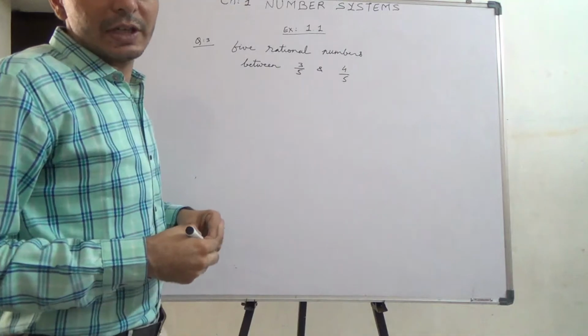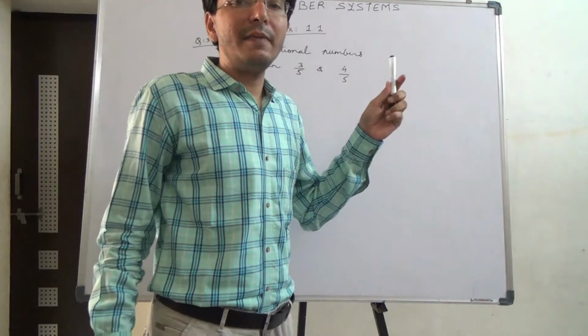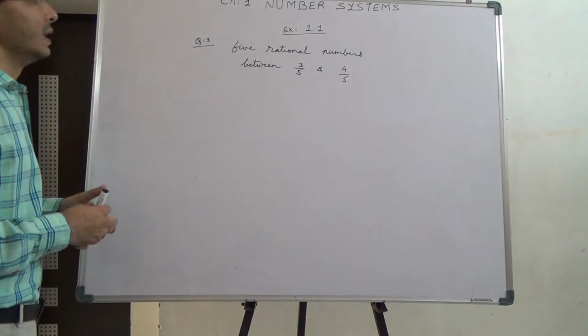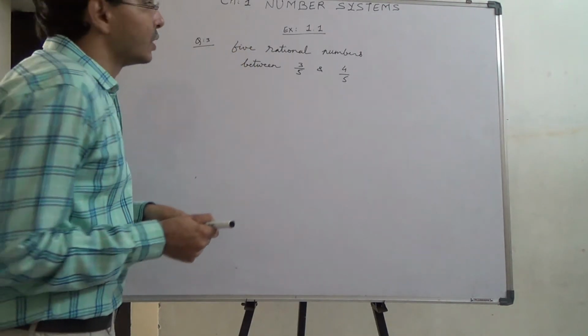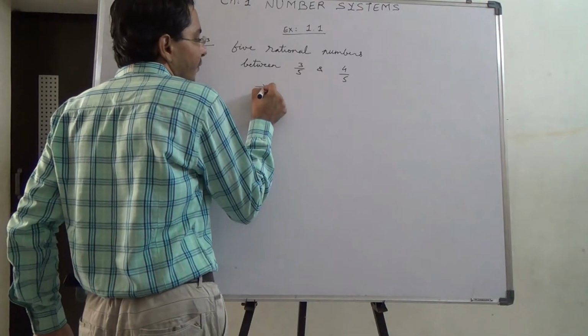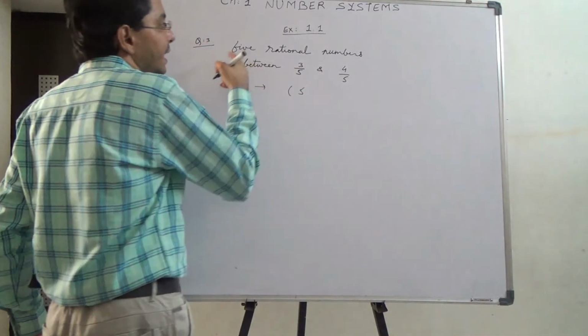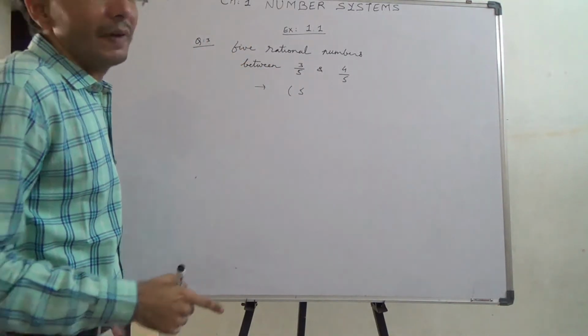Okay, the question is this one, 3/5 and 4/5. See here, what do we have to find? 5 rational numbers. So here we have to find 5 rational numbers.